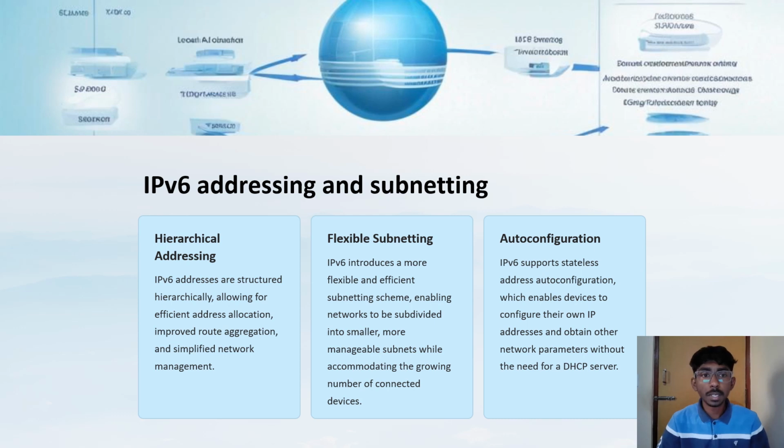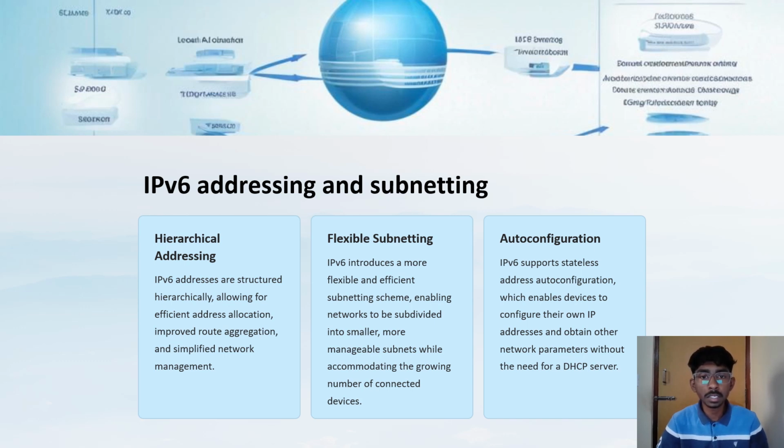IPv6 addressing and subnetting. Hierarchical addressing. IPv6 addresses are structured hierarchically, allowing for efficient address allocation, improved route aggregation, and simplified network management. Flexible subnetting.